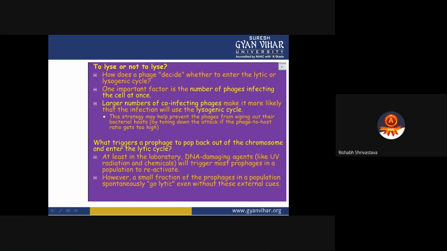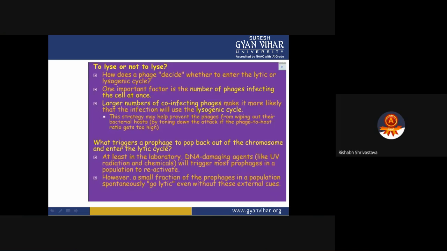A large number of co-infecting phages makes it more likely that the infection will use the lysogenic cycle. This strategy may help prevent the phages from wiping out their bacterial host. That is, by reducing the attack, the phage to host ratio does not get too high.